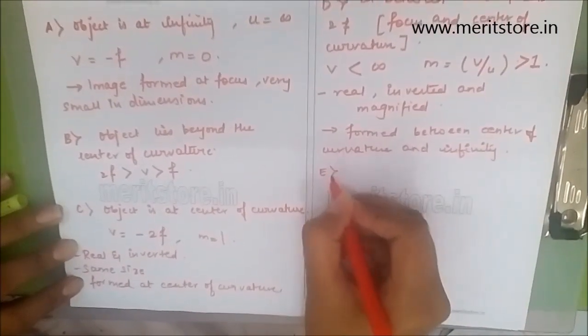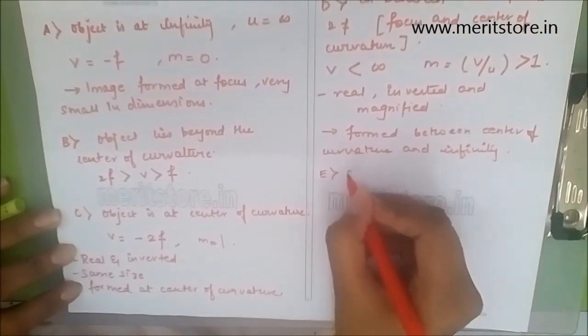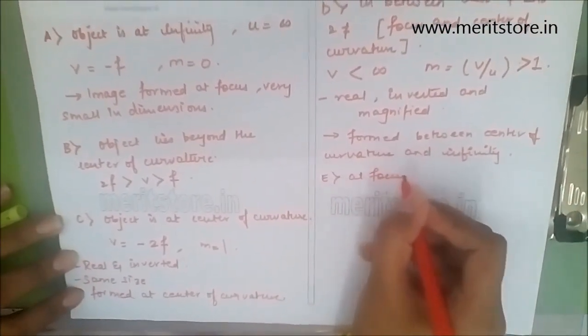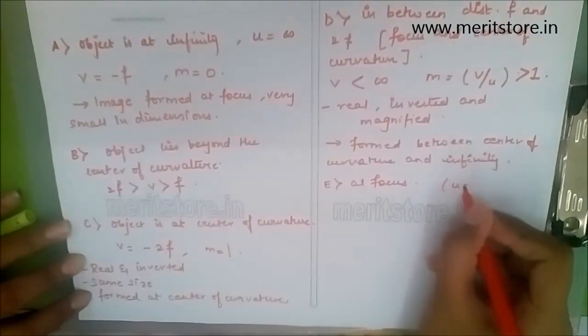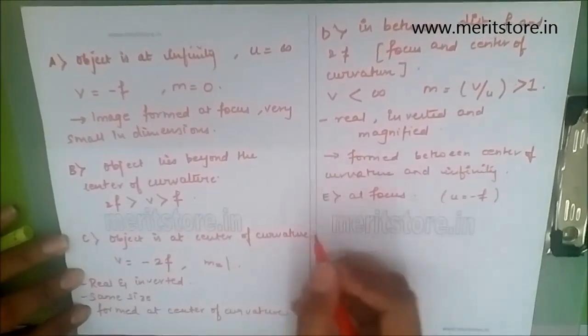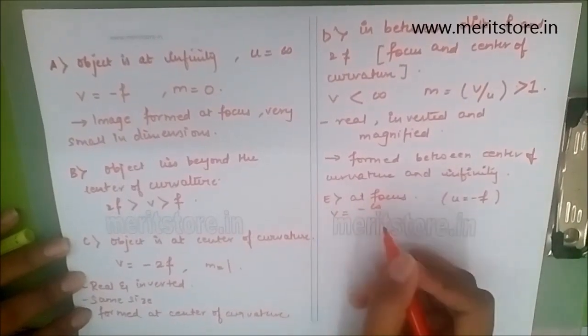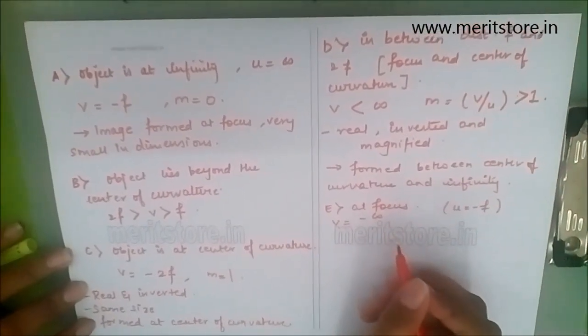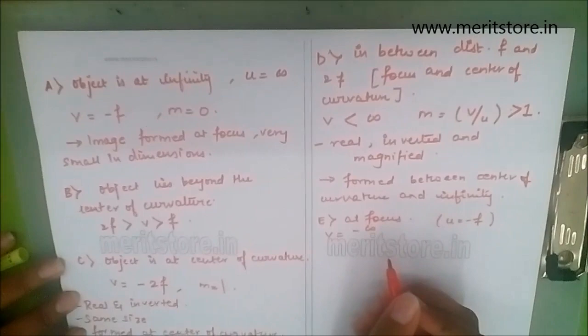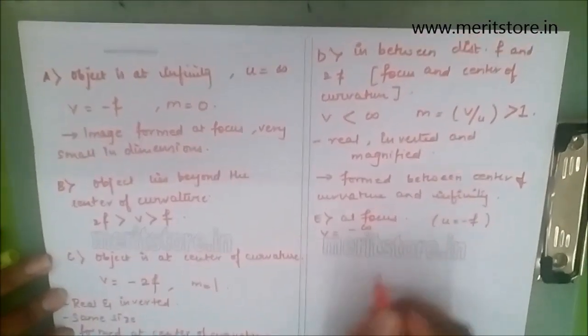Case E, when the object is kept at focus, that is u is equal to minus f, then v is equal to minus infinity. The rays after reflection are rendered into a parallel beam meeting at infinity.